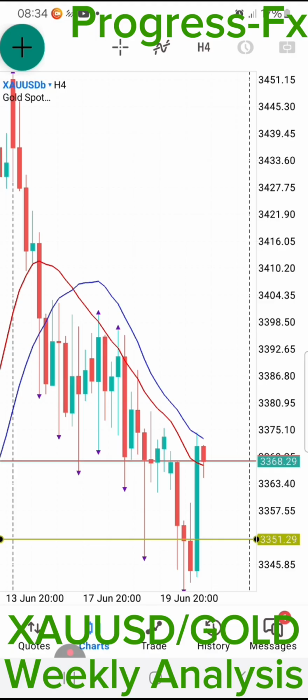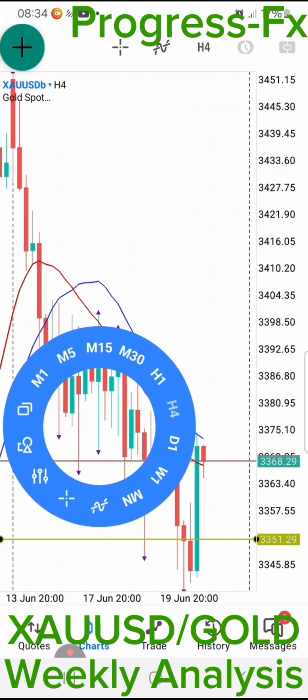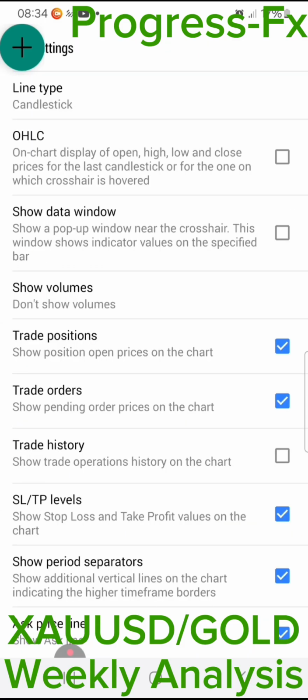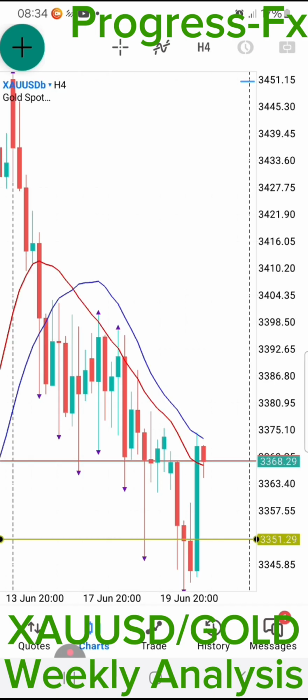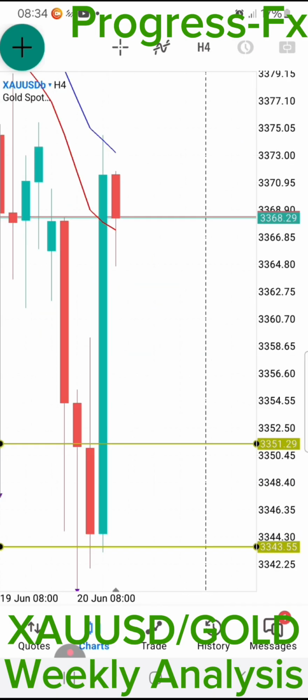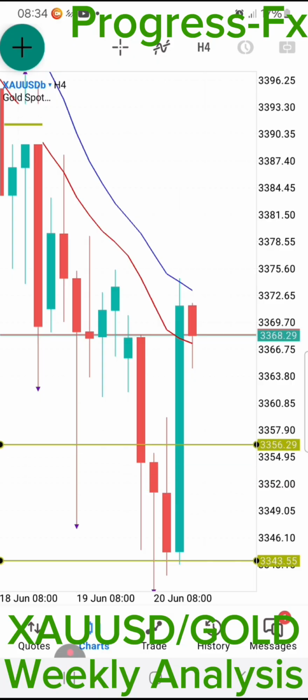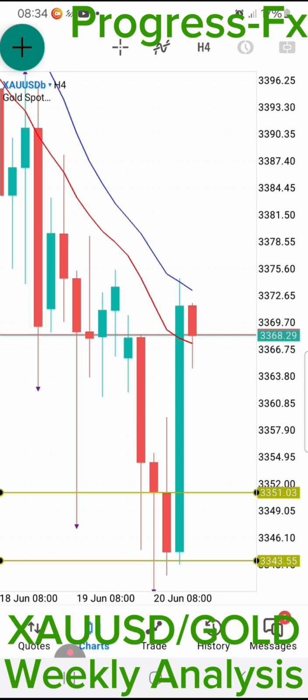I forgot to tell you before we continue, yeah, that remember I told you I used to mark from the body. If it is uptrend that I'm looking for, I'm going to mark from the body up and the tail down.